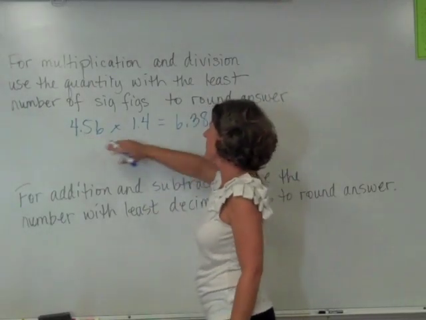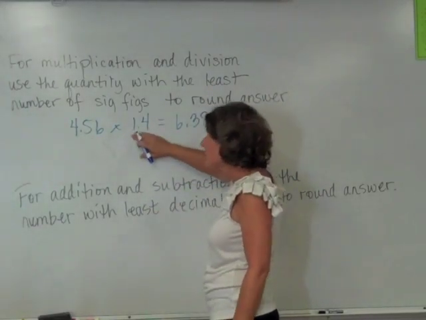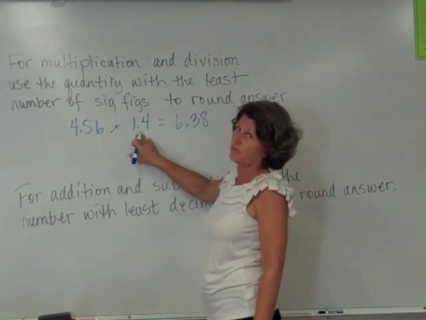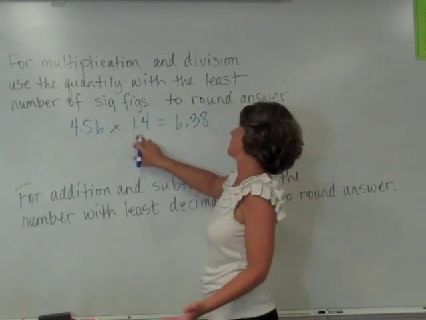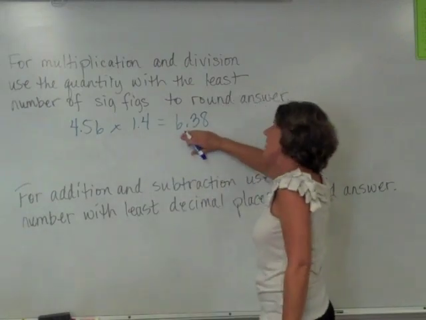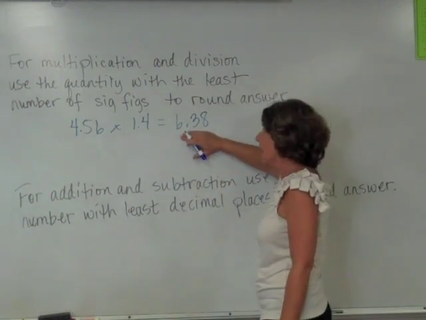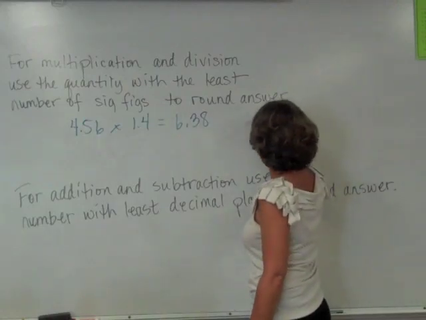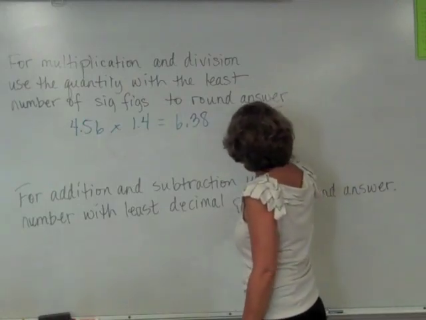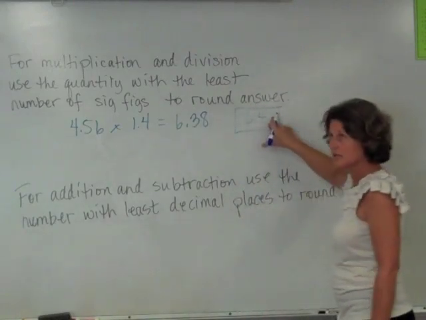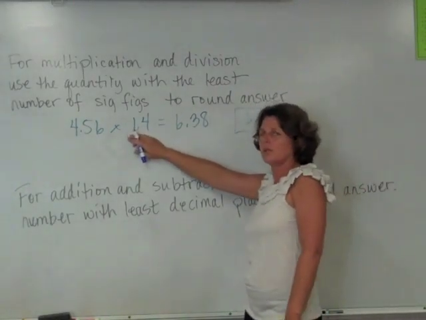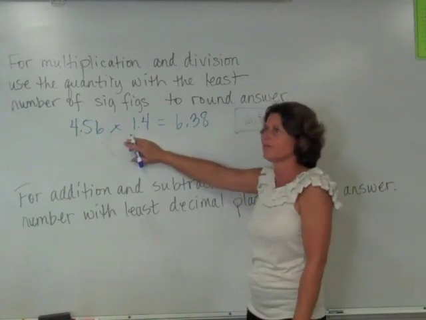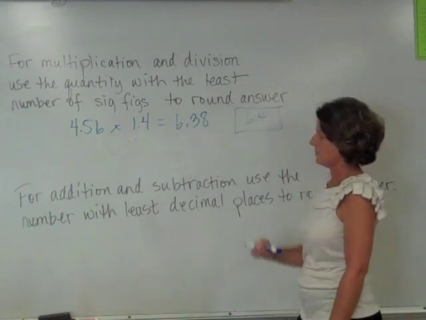This one's got 3, this one's got 2. That means I have to use only 2 significant figures in my answer. So I'm not going to leave it as 6.38. I'm going to round this to 6.4 to reflect that I can only present 2 significant figures in my answer.